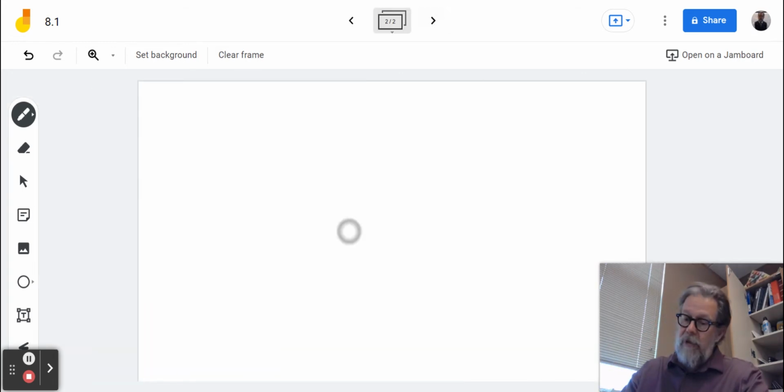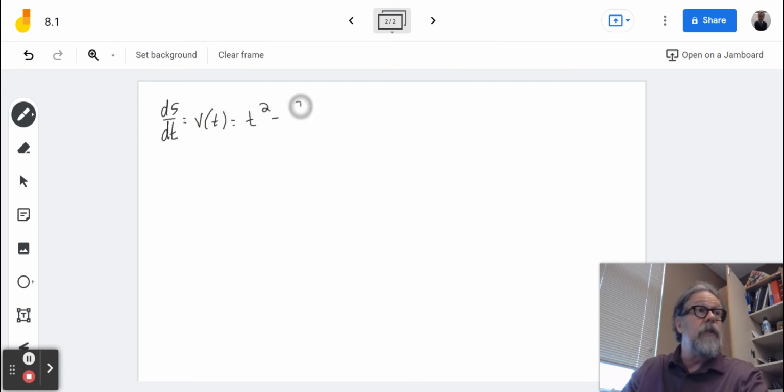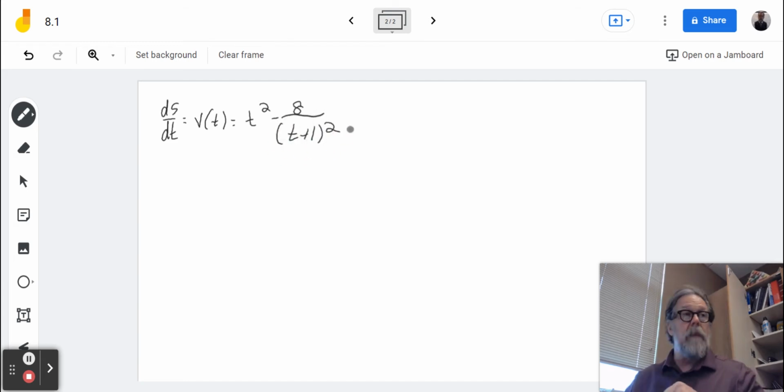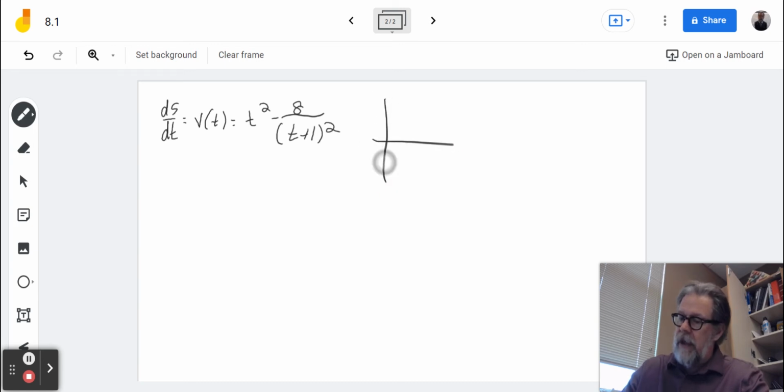First of all, we've got some function, and we know that the rate of change of position with respect to time is velocity, and we're told that this is t squared minus 8 over t plus 1 squared. The function looks something like this.